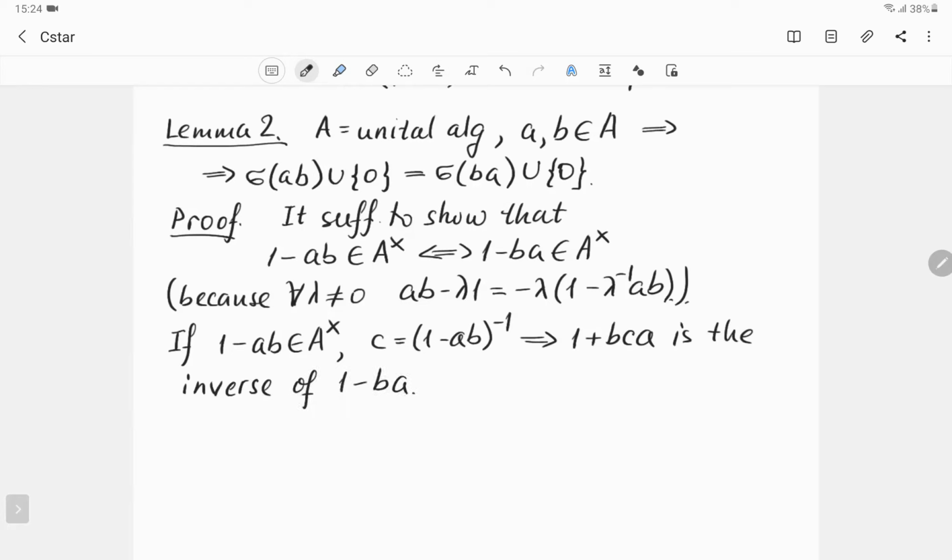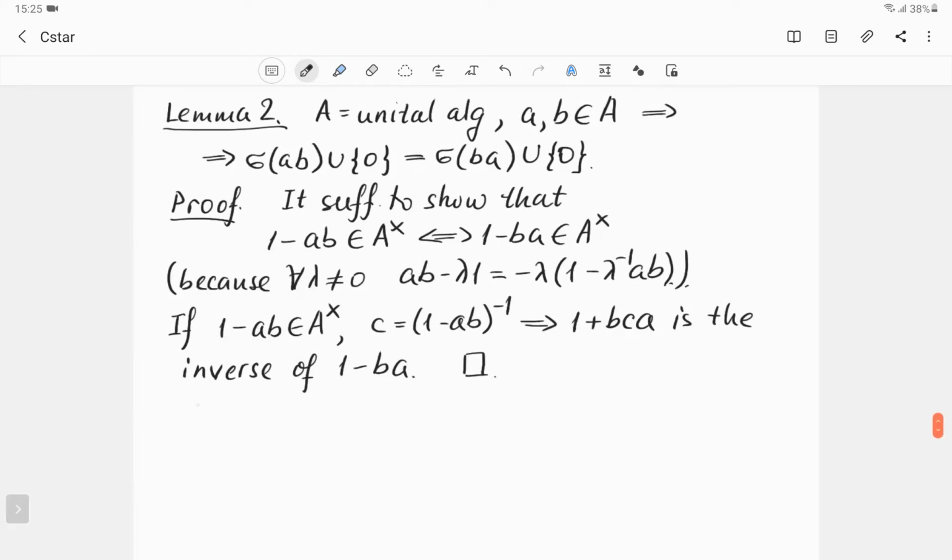So 1 minus ba is invertible. Well, of course, it's a kind of trick. So perhaps it's appropriate to explain where this trick comes from. Well, here's an informal explanation.